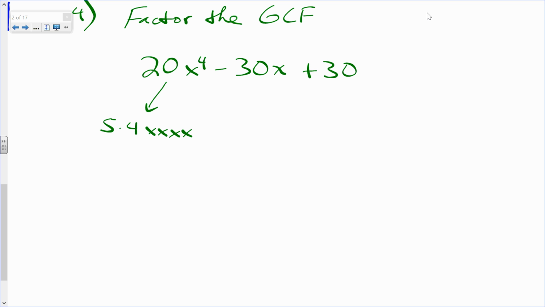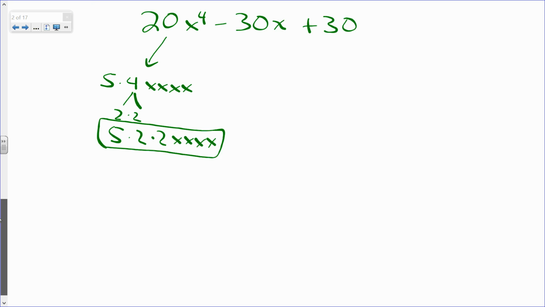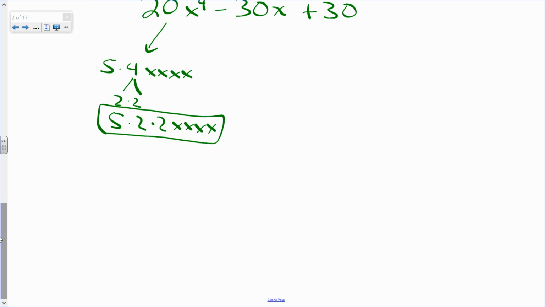But I can still keep breaking down 4 to its basic parts, which is really 2 times 2. You have to break it down to its basic parts that you can't break down any further. So the final factorization for 20x to the 4th is 5 times 2 times 2 times x times x times x times x. Notice you can't break down 5 anymore, and you can't break down 2 anymore.